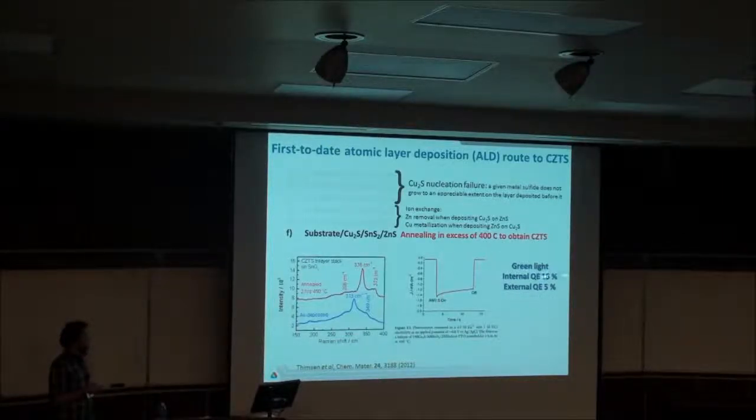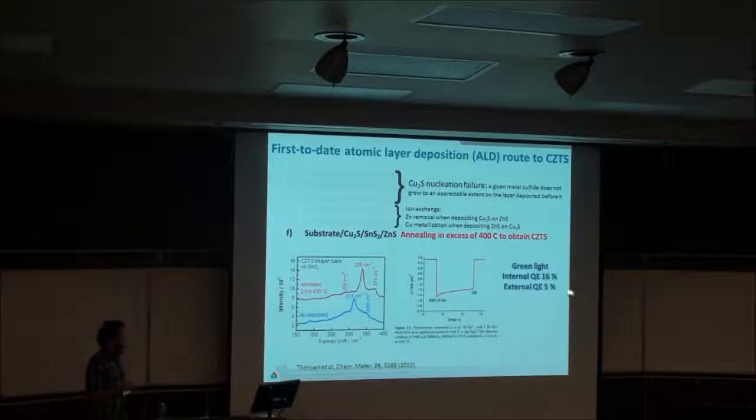Specifically, in green light they showed an external quantum efficiency of 16%. This measurement was done in potassium chloride solution with europium 3+ electron acceptor and a silver counter electrode.